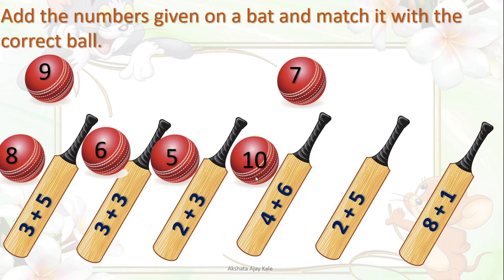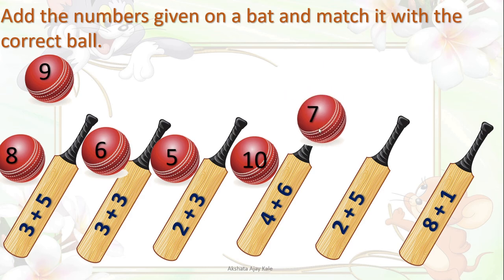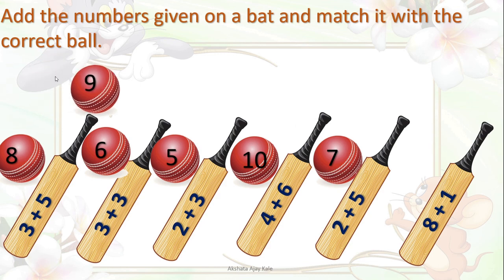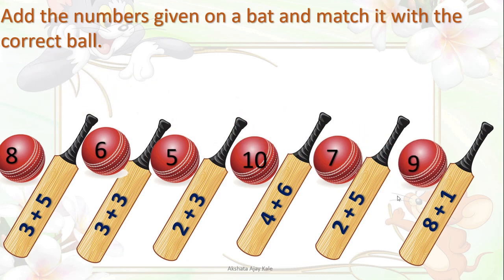We will take this ball which is having 10 number. Okay. Next is 2 plus 5, or you can say 5 plus 2. That is 7. Very nice. Here it is 7. So we'll take this here. Last one. 8 plus 1 is 9. And the ball is here. We will take this ball to this bat. Got this, children? Enjoyed?